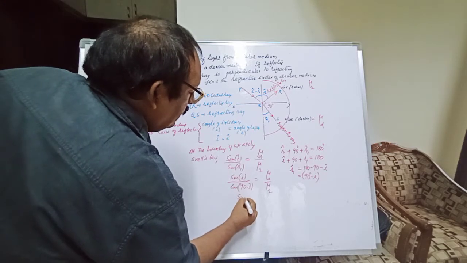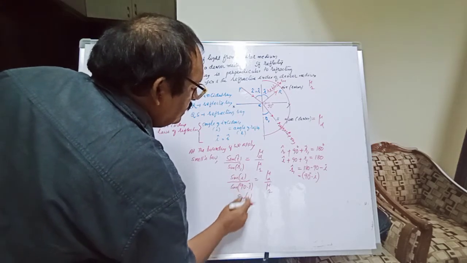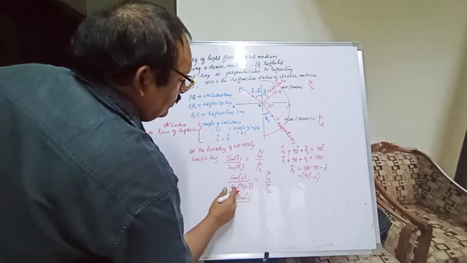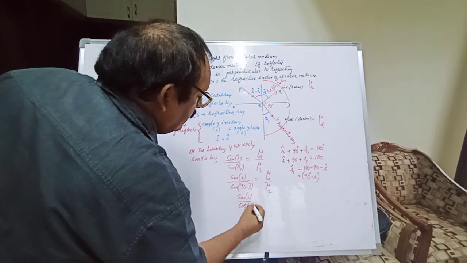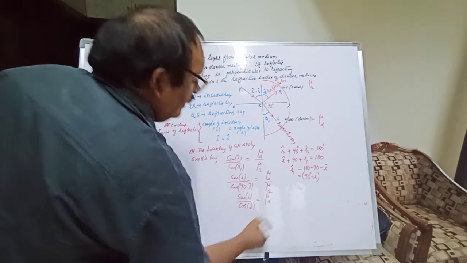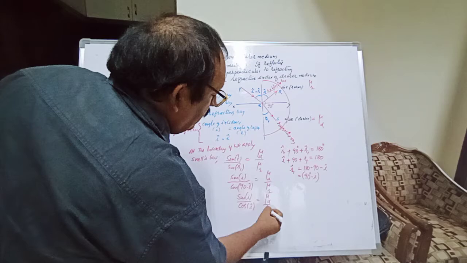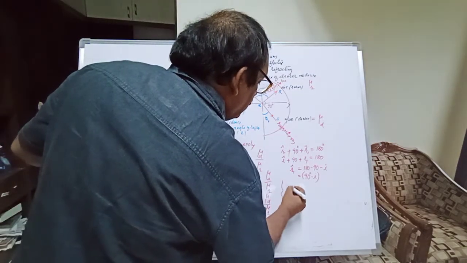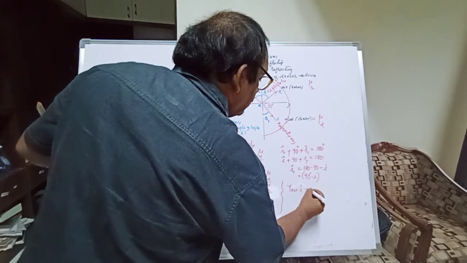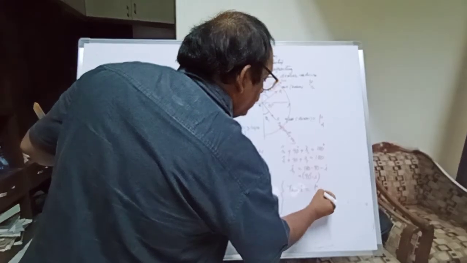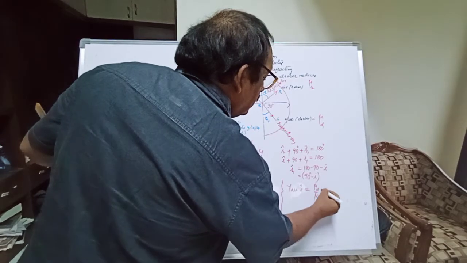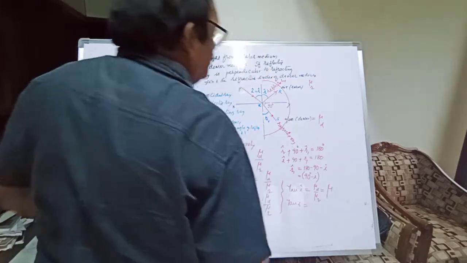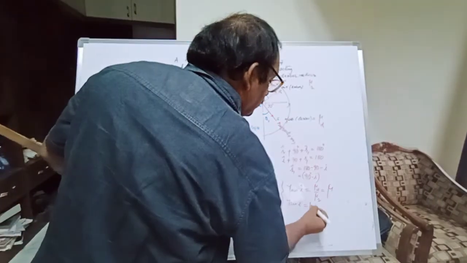Sin(90 minus theta) is cos theta, therefore sin(90 minus I) is cos I. So sin I by cos I, which is tan I, is equal to the refractive index of the denser medium with respect to the rarer medium. This is mu. So tan I is equal to the absolute refractive index of the denser medium, mu.